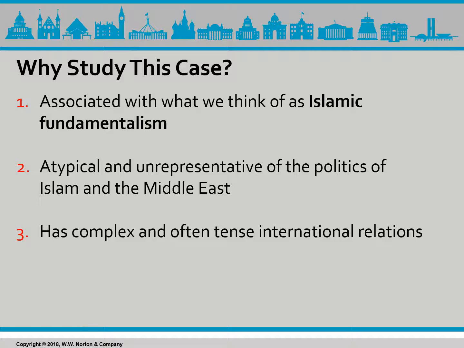That being said, they're more of a true theocracy than the rest of the Middle East. And they also have a very complex and tense international relations. As you guys can recall, Russia and China and a couple of other states are really the only ones that hang out or would associate themselves with the political regime of Iran.